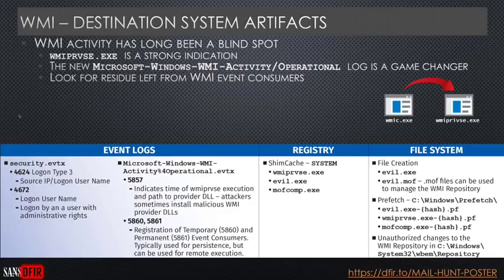The WMI database is in the repository directory, where a file called objects.data exists. When we talk about storing things in WMI, that's where it's stored, in that database file. So you can have these persistence mechanisms looking for particular events and then launching an action, and all that information is stored in this repository database, objects.data.